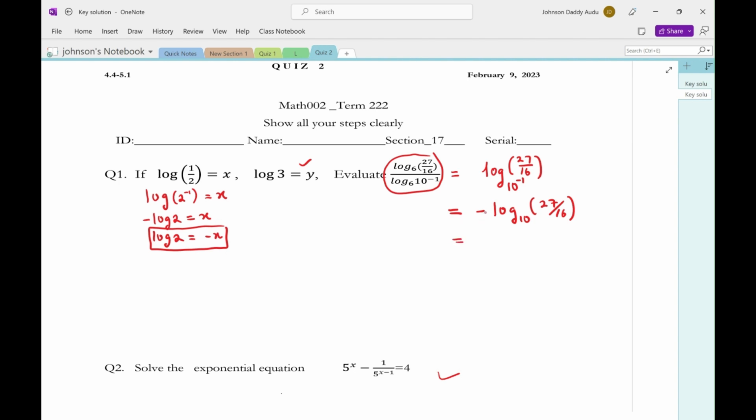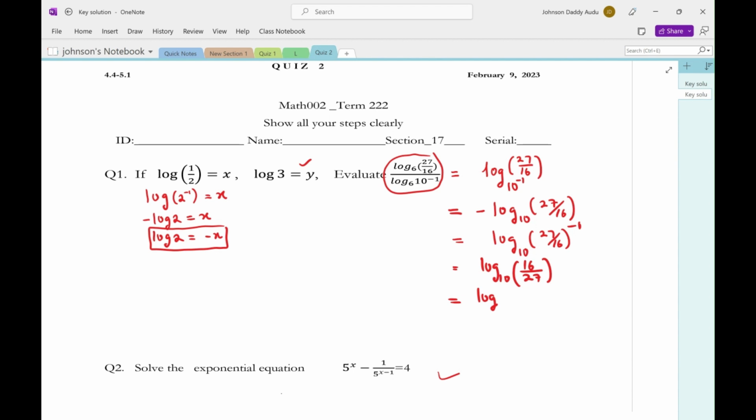Now this minus, we can take it up so that we just have log to base 10 of 27 over 16 to the power minus 1. And now this will just become the reciprocal, 16 over 27.